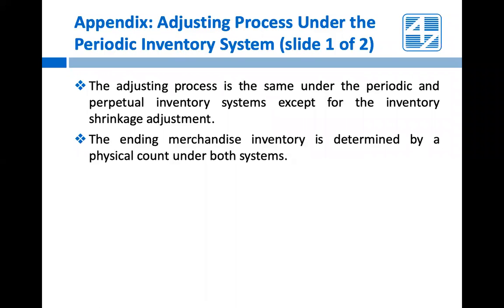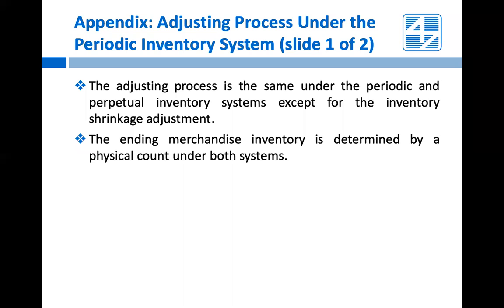That will give us the cost of goods available for sale. Opening inventory plus the net purchases gives us the cost of goods available for sale, the total inventory that we have for selling purposes. And then minus the closing inventory. The closing inventory, or ending inventory, how do we get it?